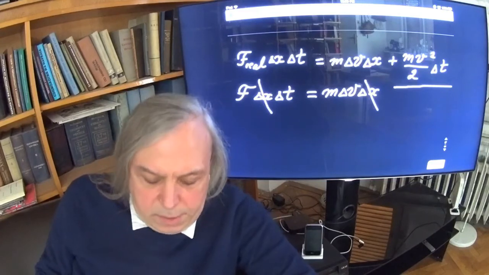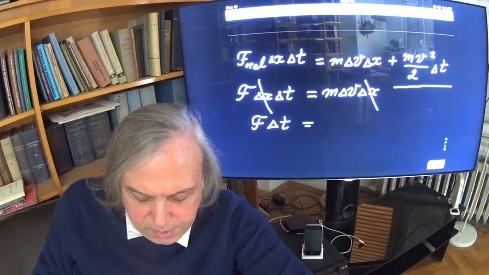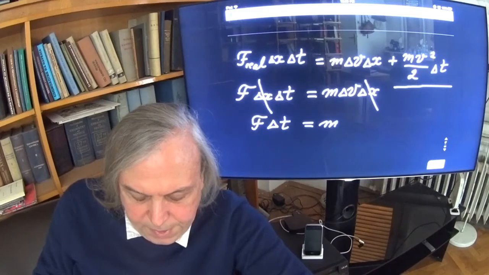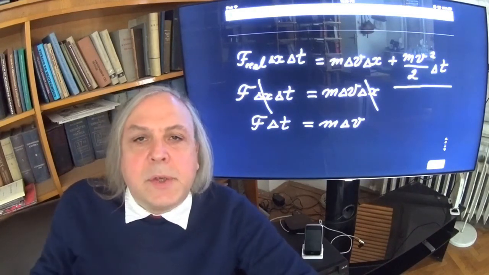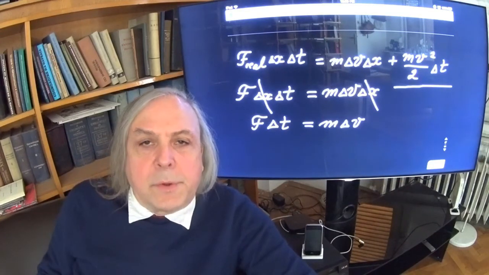Delta x is cancelled out on both sides, and we get F delta t equals m delta v. But this is the usual form of Newton's second law.